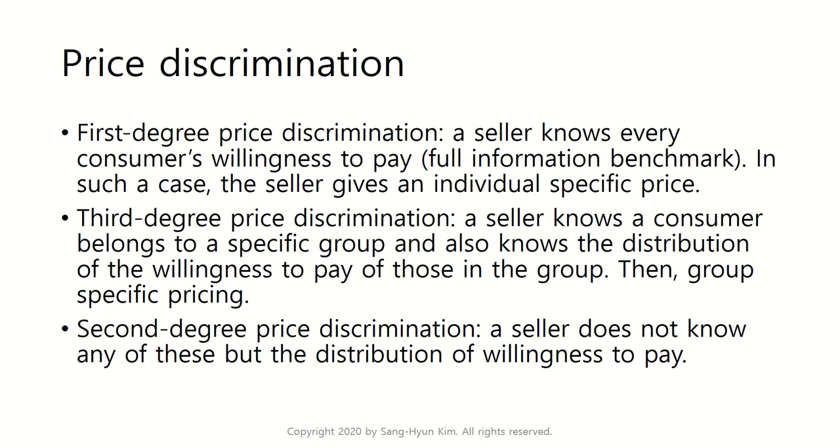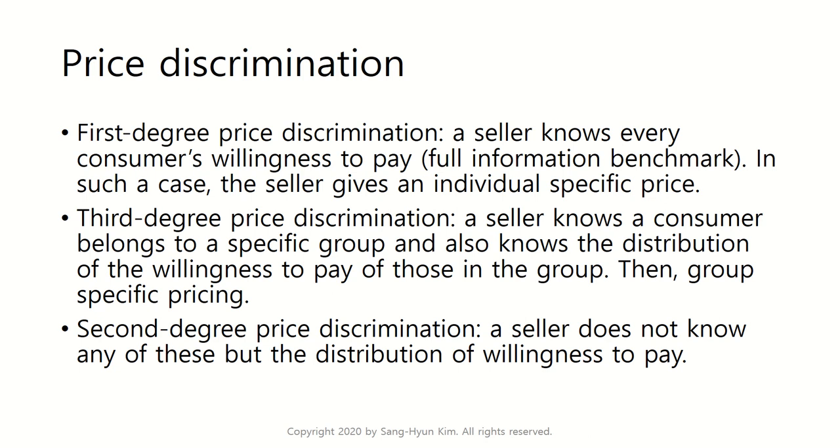The second type is called the third degree price discrimination. It's not the second degree price discrimination. I listed these types of price discrimination from the one which requires the most precise information to the one which requires least information about consumers.